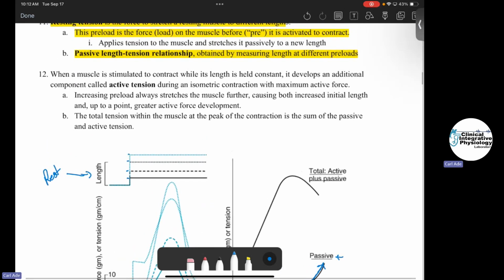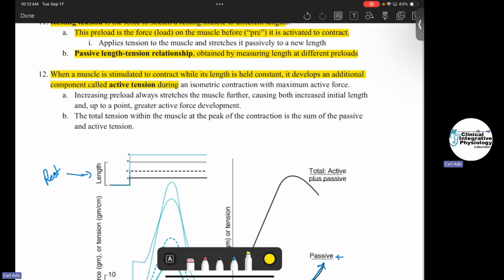Now, if I stretch it and I hit it with that action potential we've built over the last several weeks, so I stimulate it to contract while I've stretched it to a certain length, and I hold it there, and I don't let it move, and I hit it with an action potential, it releases the calcium, and it gets those cross bridges, and it generates more force.